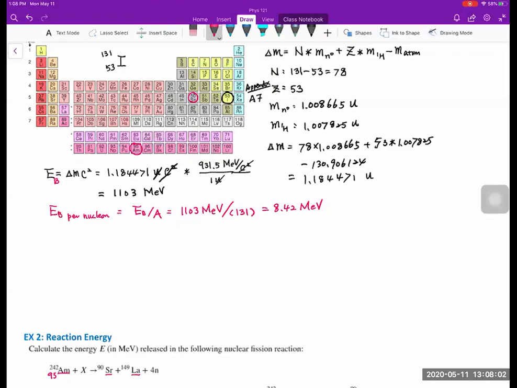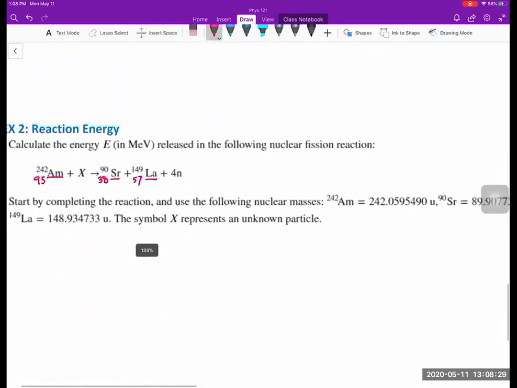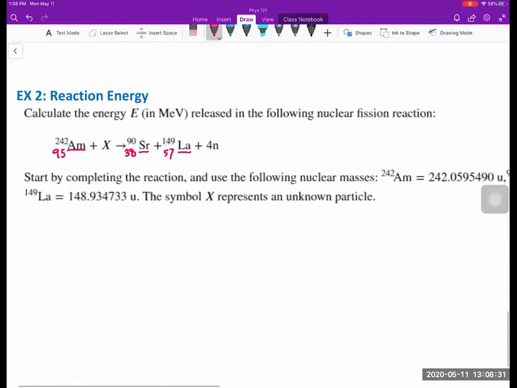It's in column 2, 38. Yes, 38. Great. And the La, 57. Okay, it's this one here. So now we got all these numbers representing the number of protons.